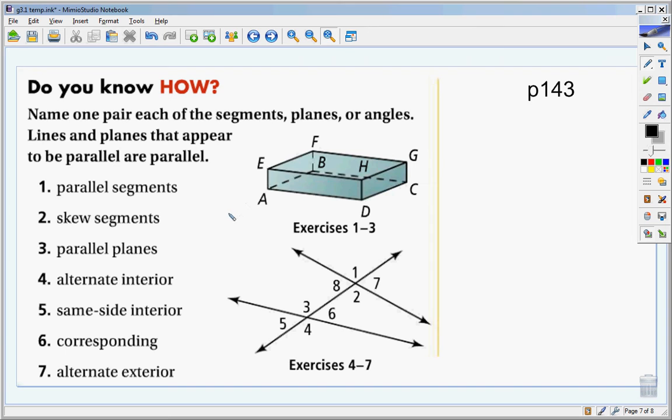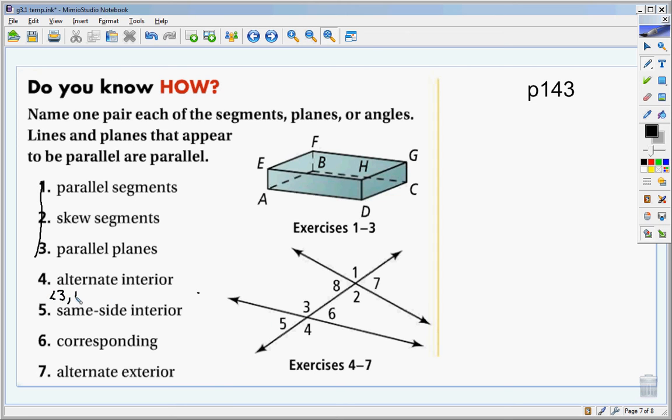Okay. So we've talked about parallel, plane, skew segments. Let's skip 1, 2, and 3. Number 4, down here, it's on page 143. You can look at the figure that's there. A pair of alternate interior angles. 3 and 2, that would be one of the pairs.